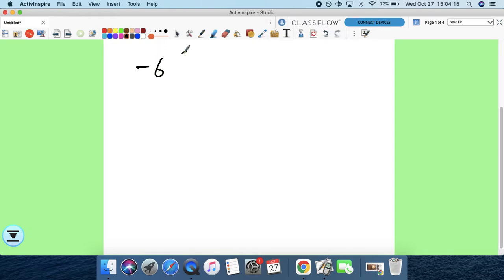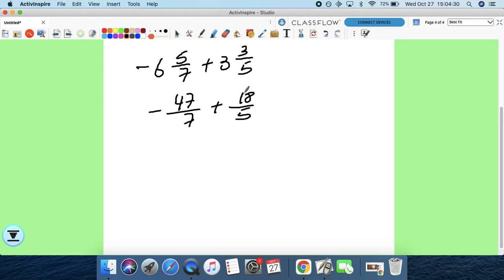So the next one is -5/7, and again, I prefer to change between proper fractions. So that's -47/7 plus 15/18/5. And then what I'm going to do is find the common denominator. In this case, I chose 35. So this times 5 over here is going to be 35, carry 3, I think 235.